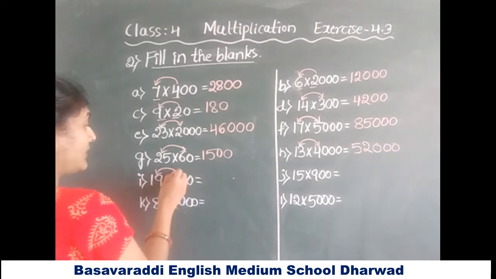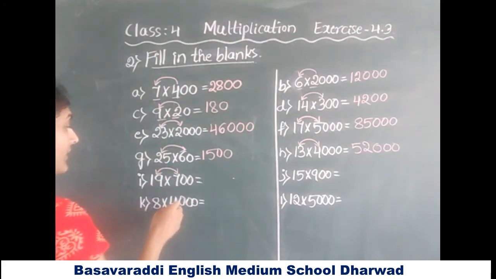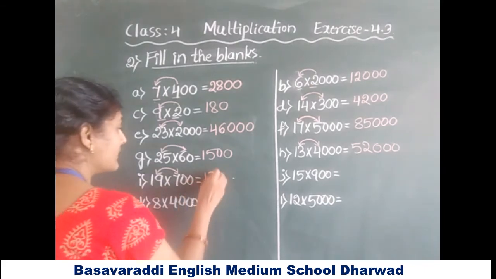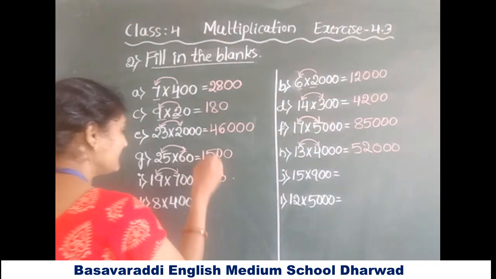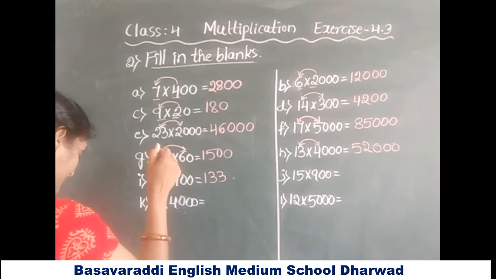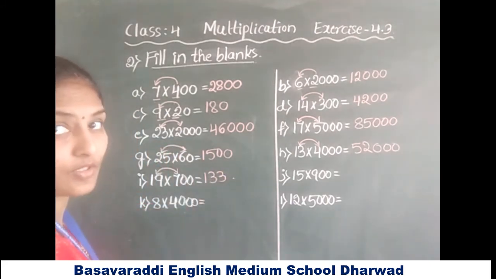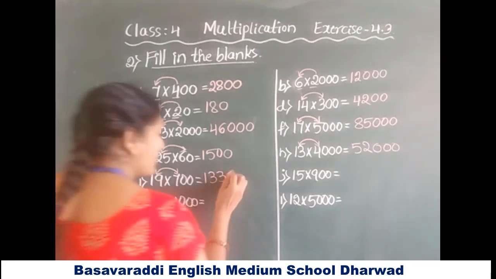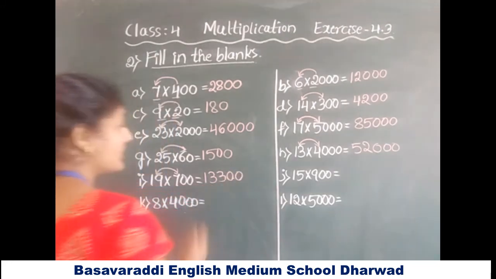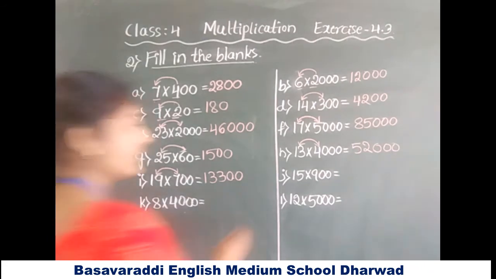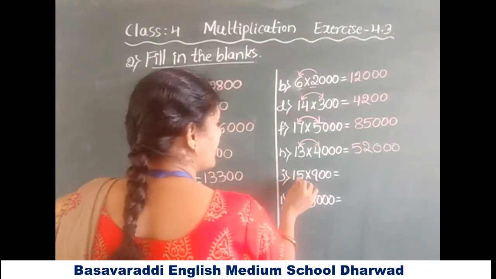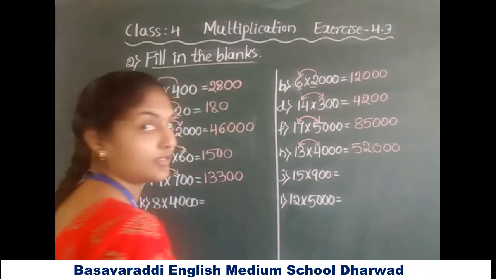The 19 into 7 or 7 into 19 becomes 133. How many zeros there? There are 2 zeros. Then put the zeros. That becomes 13,300.